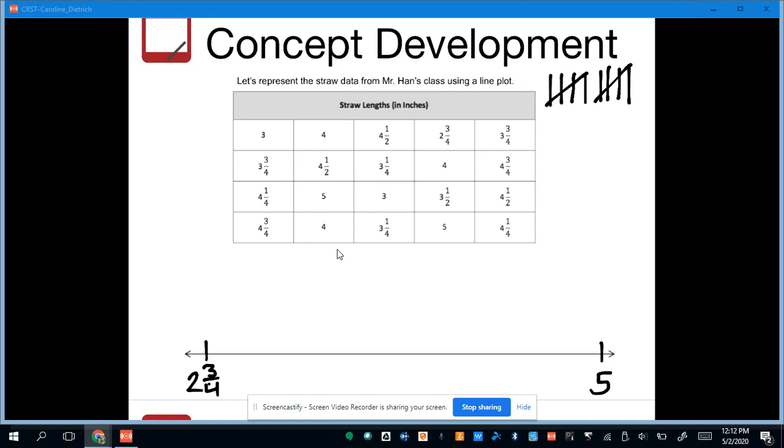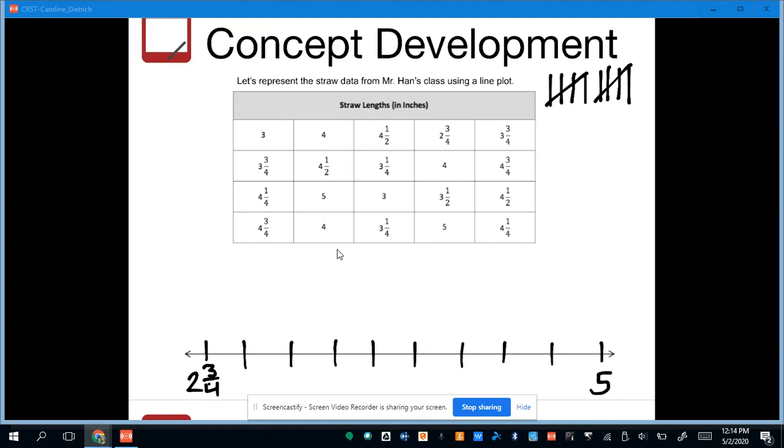So it looks like I need 10 equal pieces. Okay, I already have 2 tick marks, 2 and 3/4 and 5, which means I need 8 more. So I'm gonna go 1, 2, 3, 4, 5, 6, 7, 8.